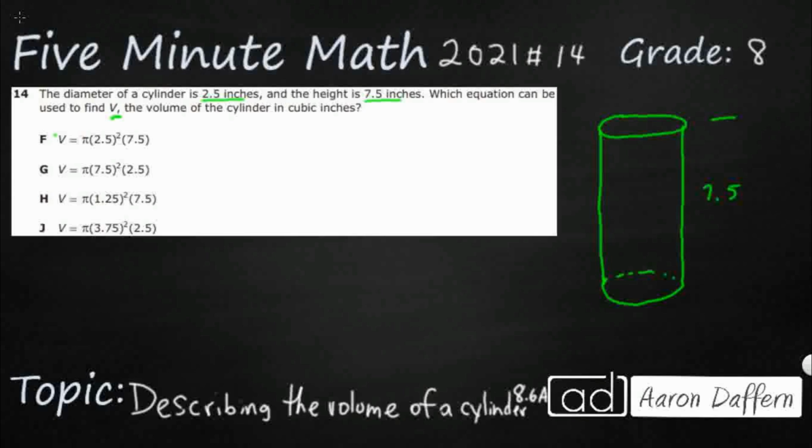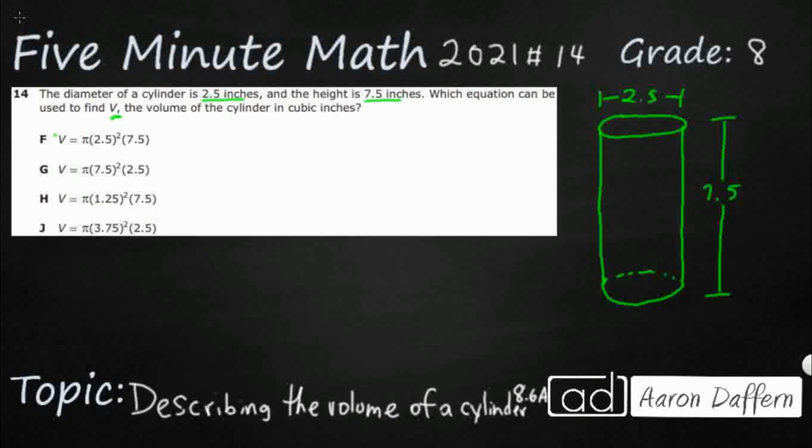That's my height. And then 2.5 inches. I would always recommend drawing a picture just so you can visualize what you're looking at. And so here's our cylinder. 2.5 inches is my diameter, 7.5 inches is my height. What am I looking for? I'm looking for the volume.